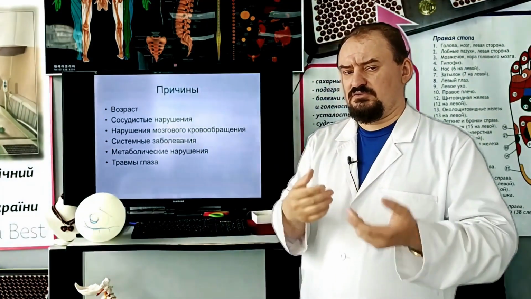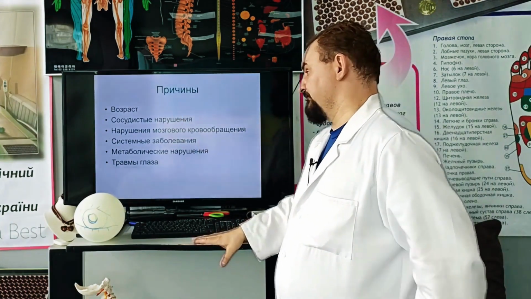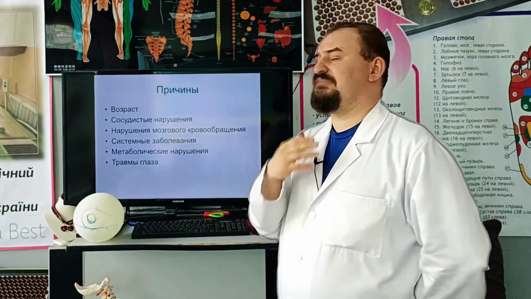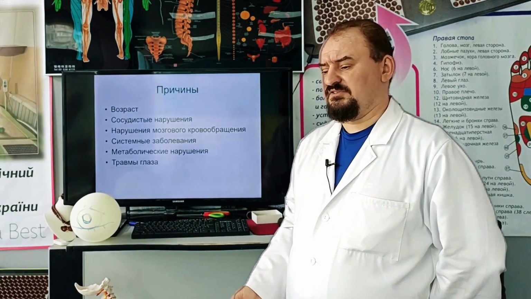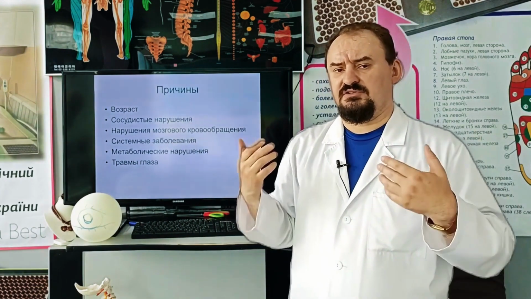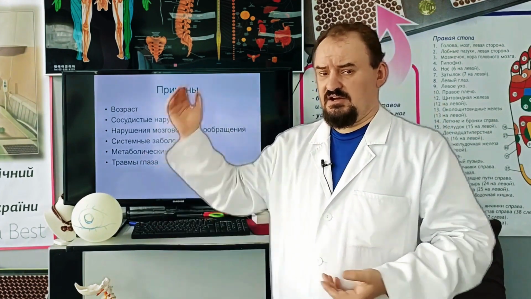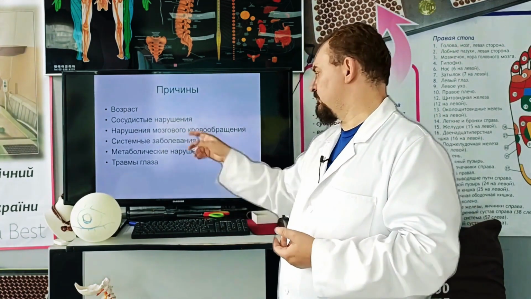In fact, it's rare to see someone of advanced age who doesn't have cataracts. Vascular disorders are very diverse. First and foremost, it's atherosclerosis, which is the primary manifestation, and hypertension. Hypertension leads to the destruction of the blood vessels that supply the retina. And accordingly, this also results in impaired blood supply to the lens itself.